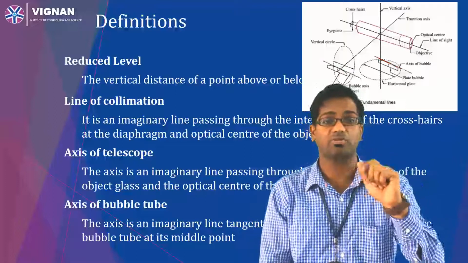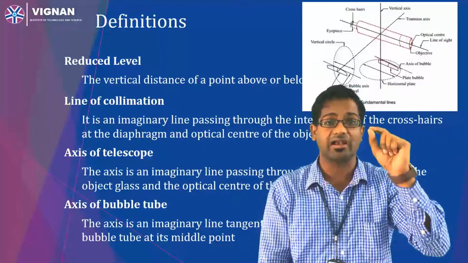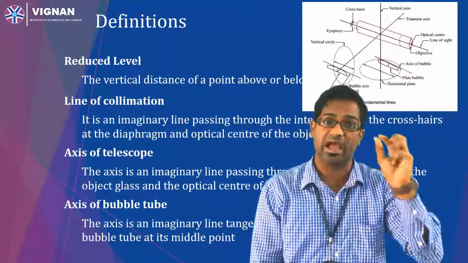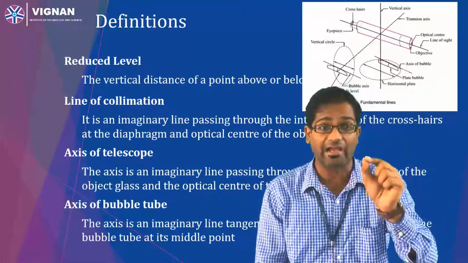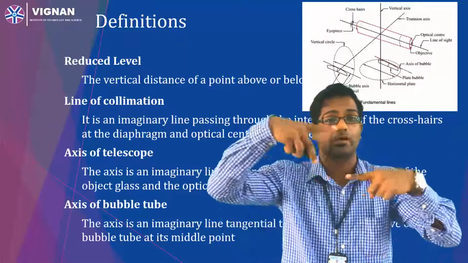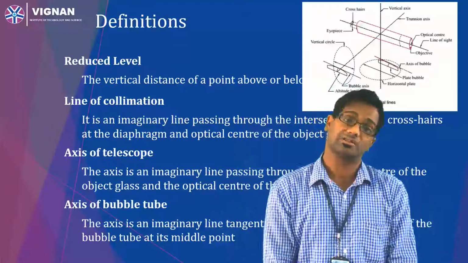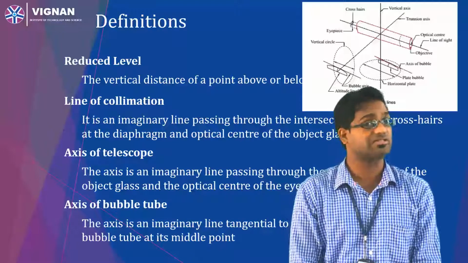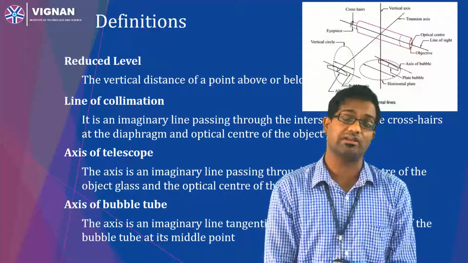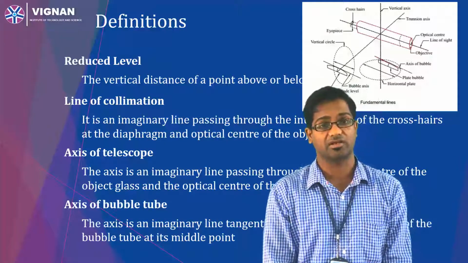Axis of bubble tube, line of collimation and axis of telescope should be parallel with each other. I repeat, axis of bubble tube and line of collimation or axis of telescope should be parallel to each other. This also means that if there is an error, we can easily find it and rectify it by repairing the instrument.